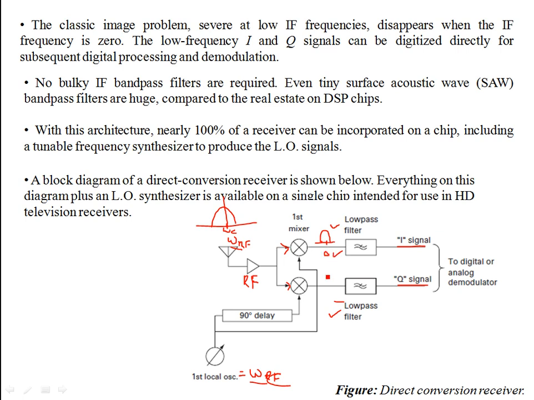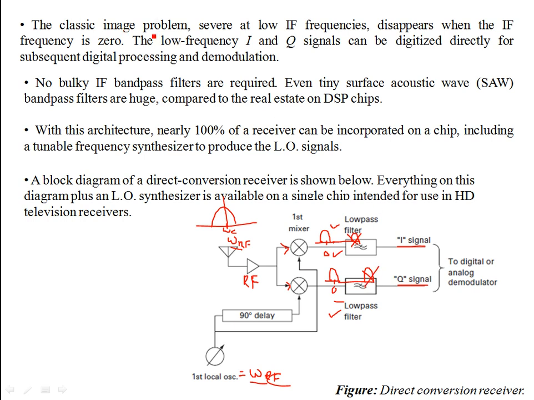This is my in phase, and then my quadrature, again at 0. Then the rest can be low pass filtered out. We are not bothered about what happens at 2 omega C. We won't get this at the output of the low pass filter.